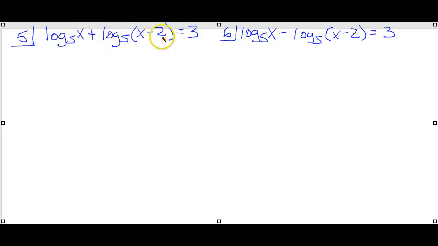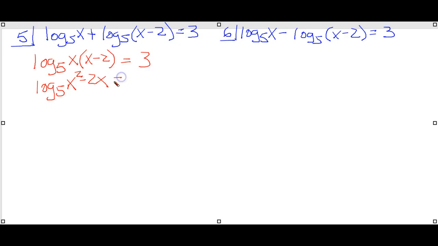And if you find something like this, you convert it to the more condensed logarithmic form, which is log base 5 of x times this, and the way they had it in our textbook for matching was log base 5 of x squared minus 2x equals 3.